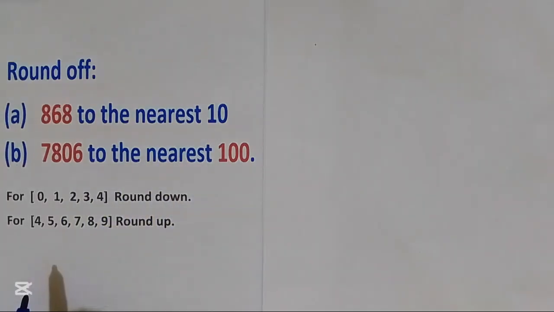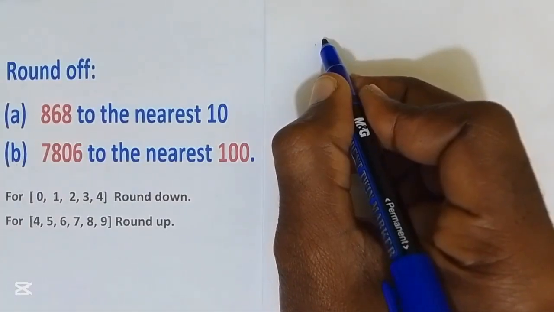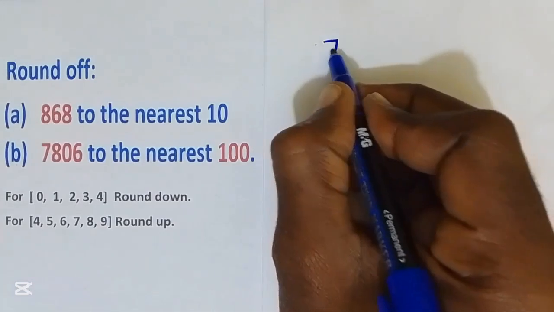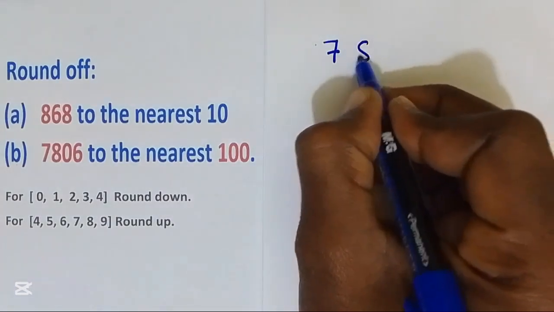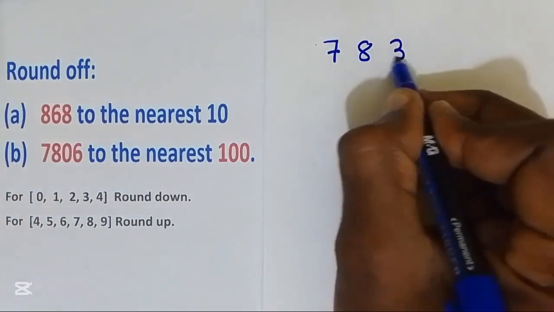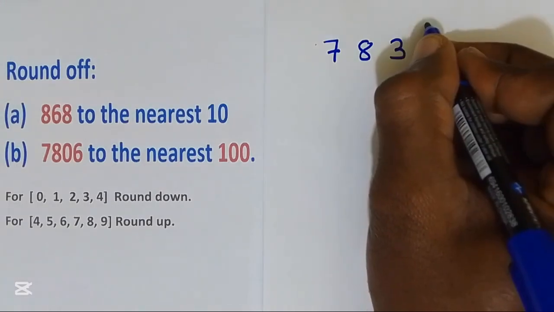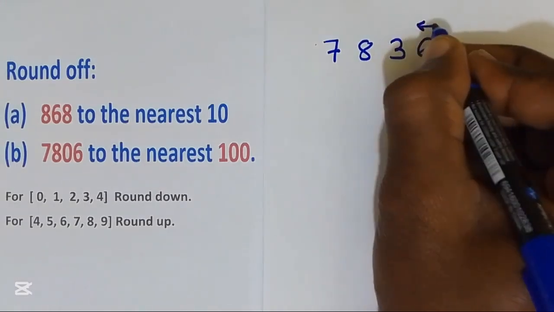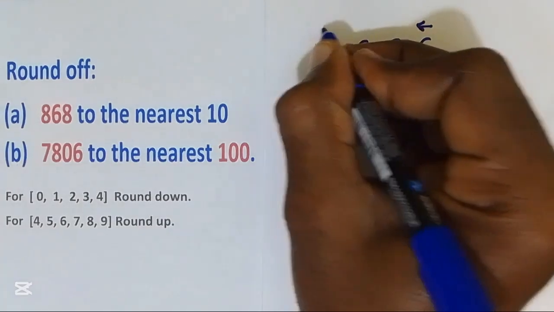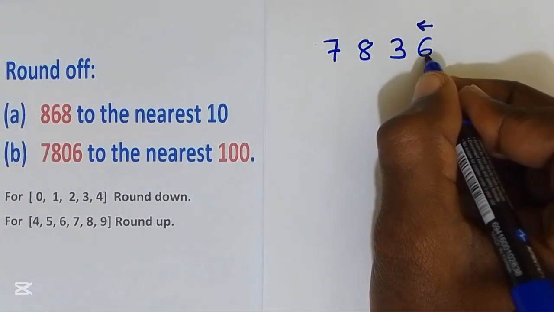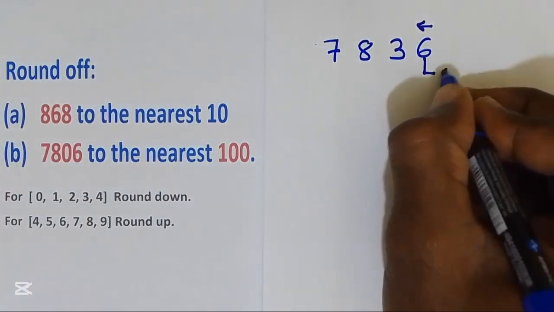First of all, let us remind each other about place values. Let us write the place value of 7,836. We are reading the place values from right to left. The first digit to the right is ones.